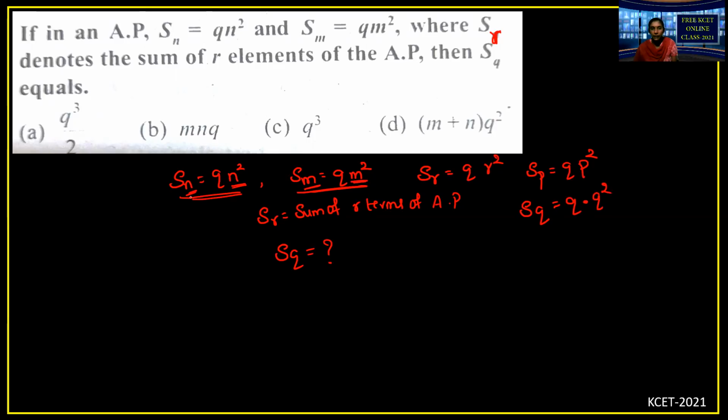So Sq is Q into Q square, which is Q cubed. So the sum of Q terms in this arithmetic progression is Q cubed.